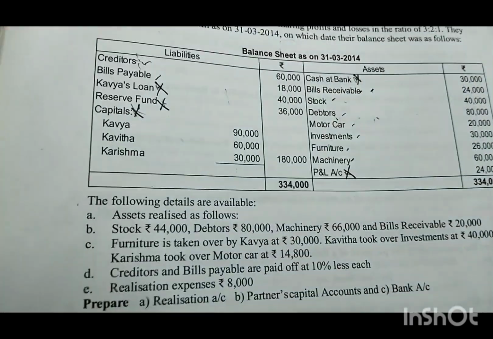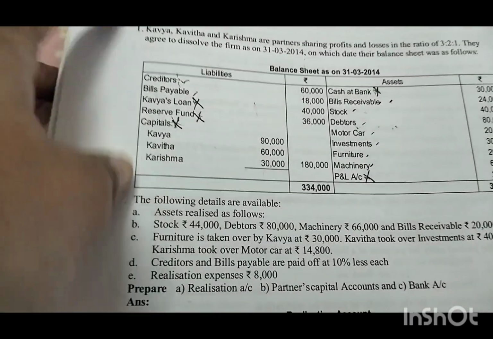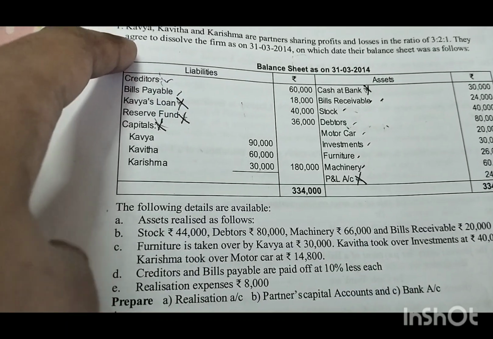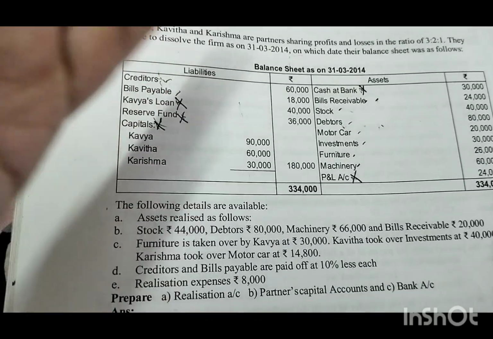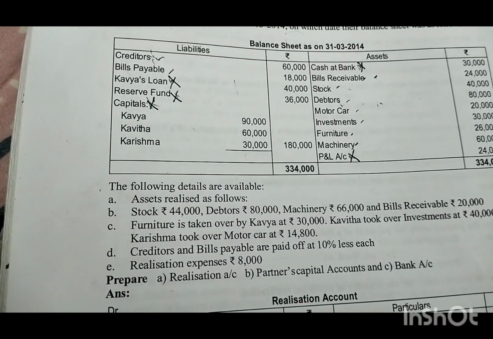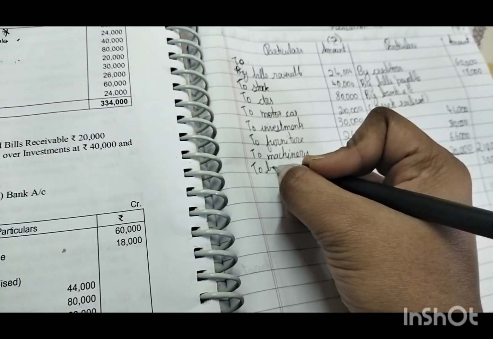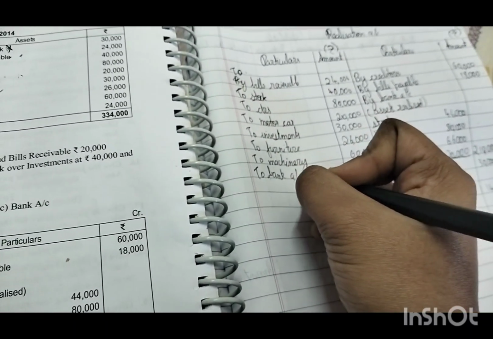The next one is creditors and bills payable are paid off at 10% less each. So here it was on the debit side first. In the first step, you wrote it on your credit. On the second step, you take it back to your debit because you need to alternate the entries. So here on your debit side, you write to bank account.